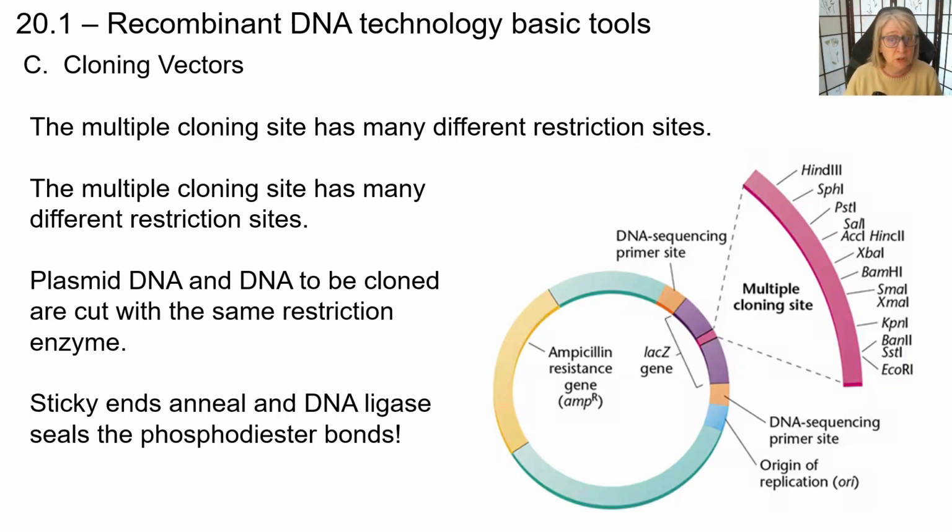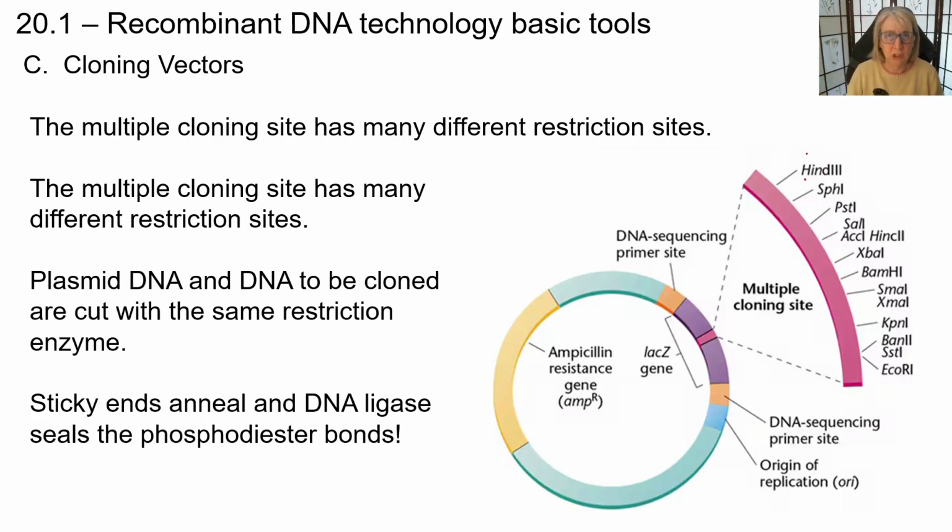I use a restriction enzyme here on my plasmid, and I use the same restriction enzyme on the gene I want to insert. By having a lot of different options in my multiple cloning site on this plasmid, I can use the appropriate restriction enzyme for the gene that I am interested in, and I can insert it into this multiple cloning site regardless of which restriction enzyme I'm using.